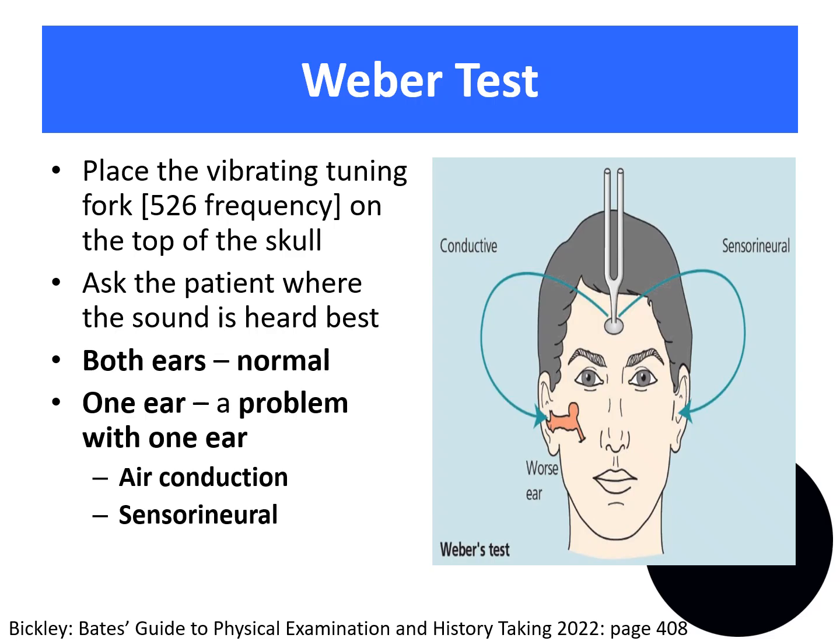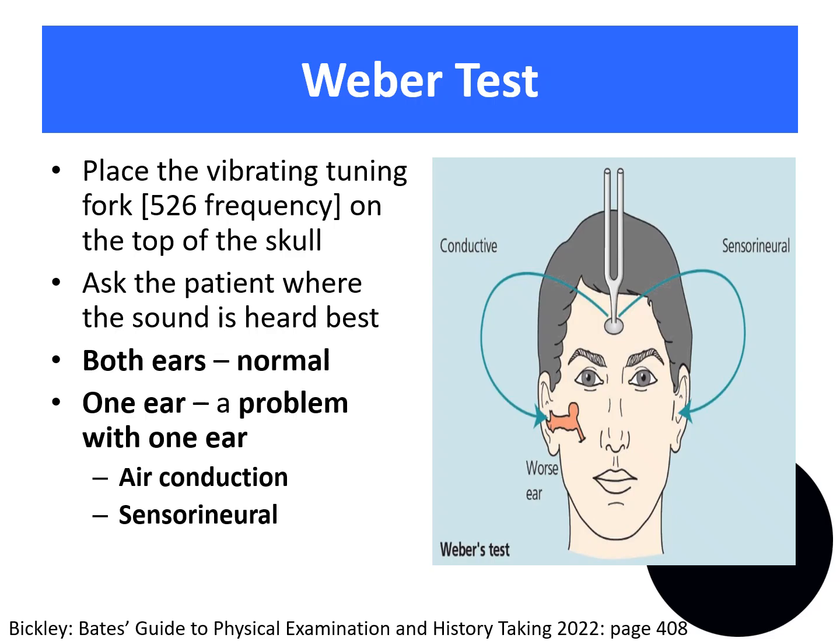Left ear, left ear, and then they're going to go, I'm hearing it in both ears. That's good. That's normal. If they go left, right, and they go back and then go back to the right and go, I hear it more in my right ear, that's an abnormal Weber test.